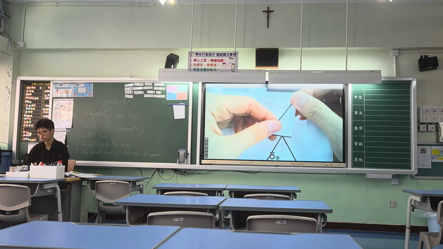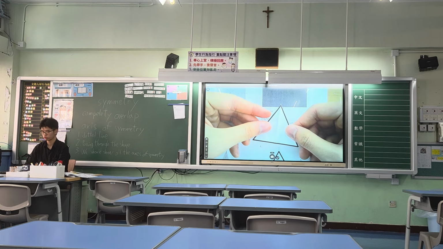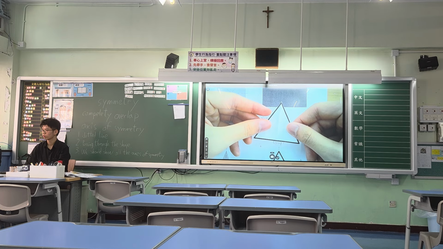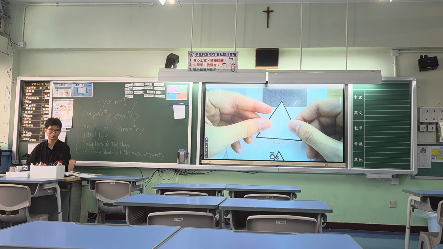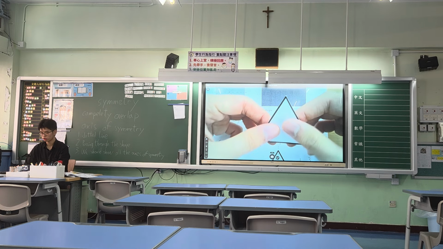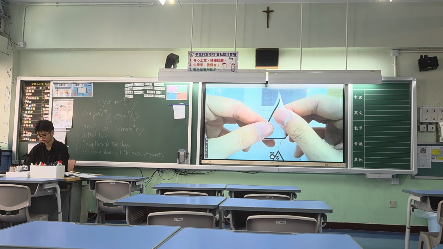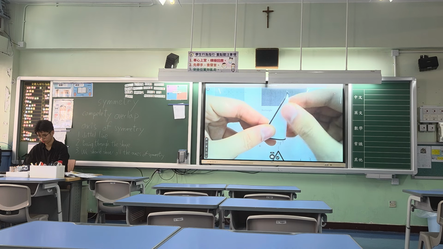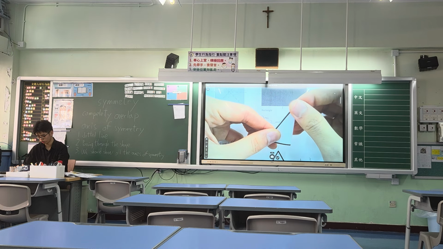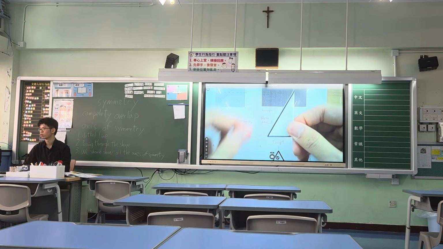Okay, for group 4, they have mentioned that they only found one axis of symmetry. That is like this. And what Mr. Fong wants to explain, actually, sorry, group 4, you got a wrong answer. Because if we do this, and similarly, just fold it, we can have another axis of symmetry as well.